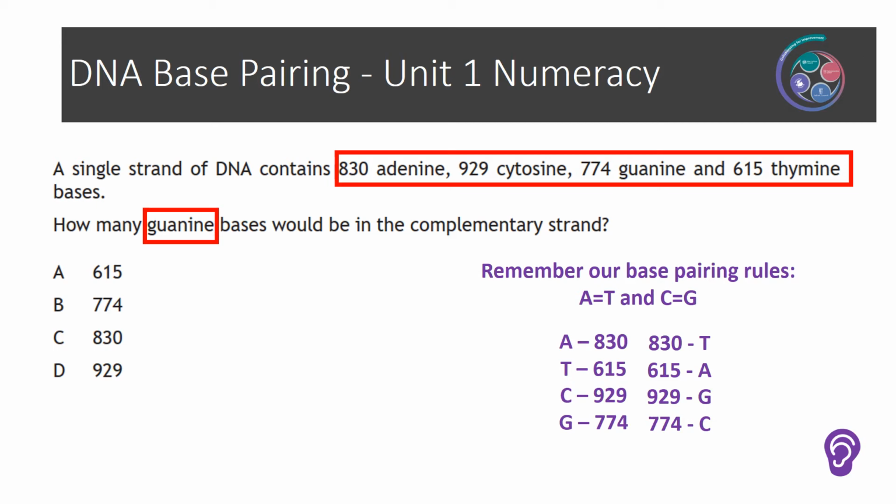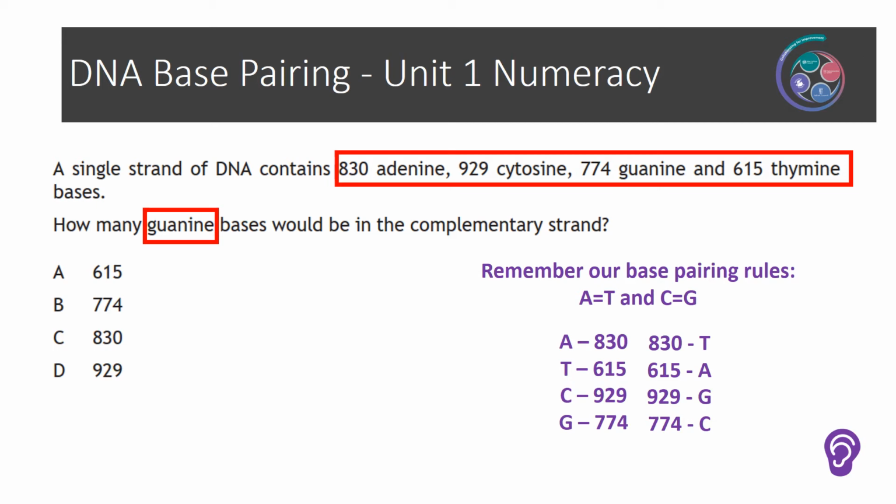So I know that A binds with T, T binds with A, C binds with G, and G binds with C. If I have 830 adenine bases on the first single strand, the left-hand side, because that binds with T, I must also have exactly 830 thymine bases on the complementary strand, which is down the right-hand side of my working.